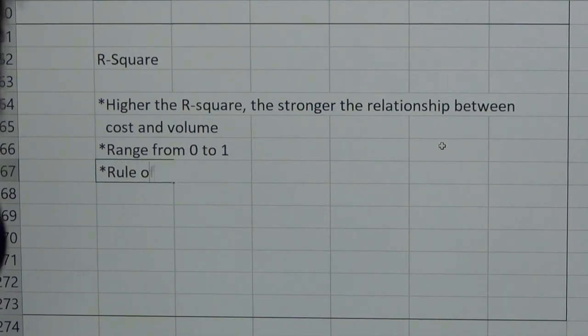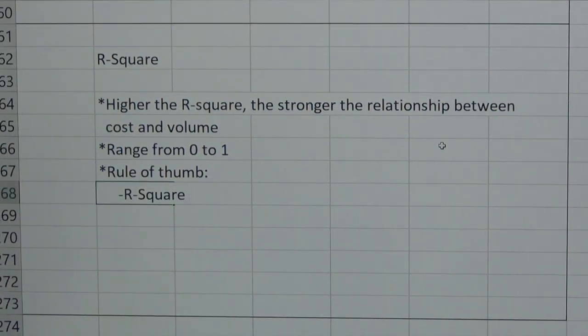And then the rule of thumb, what is the rule of thumb? R square, if it's greater than 0.8, that would indicate a very reliable cost equation.